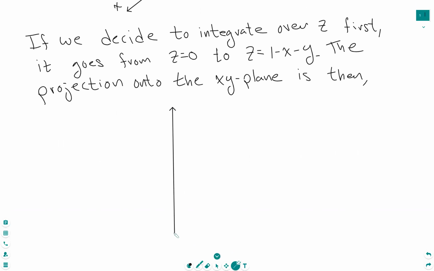What does the region, the shadow that's cast, look like?